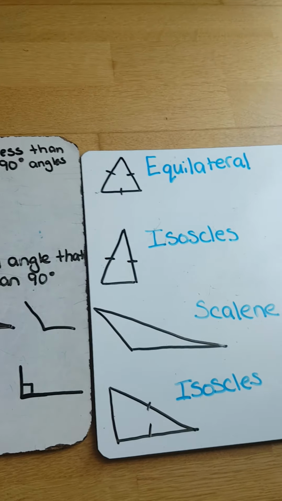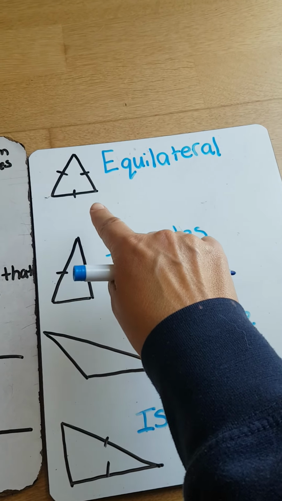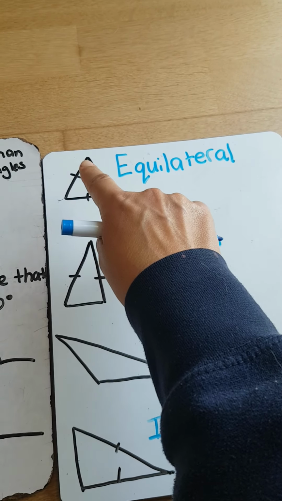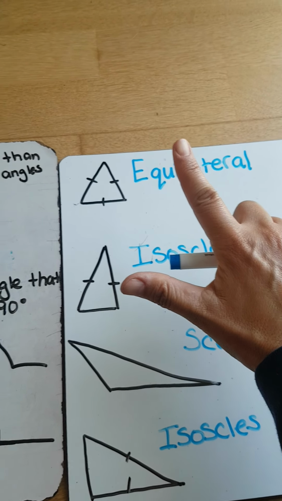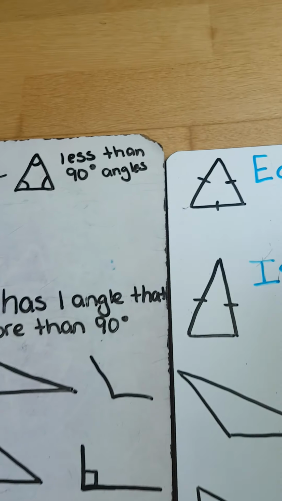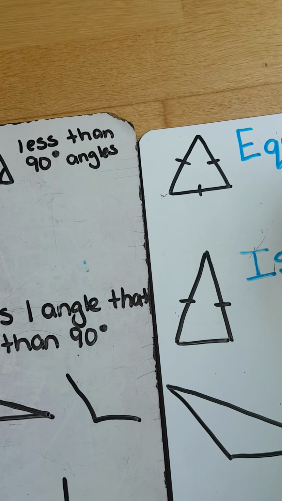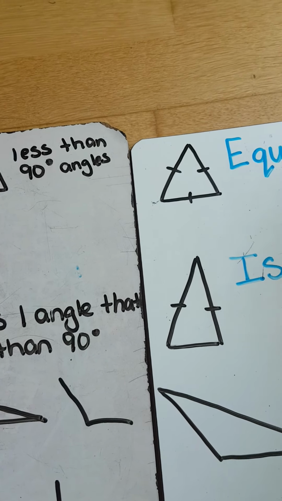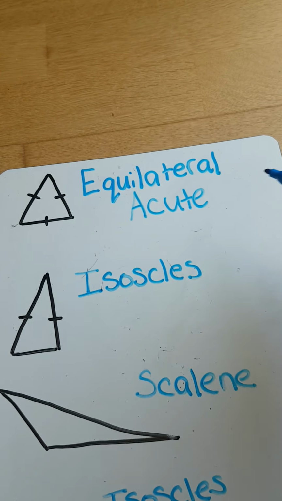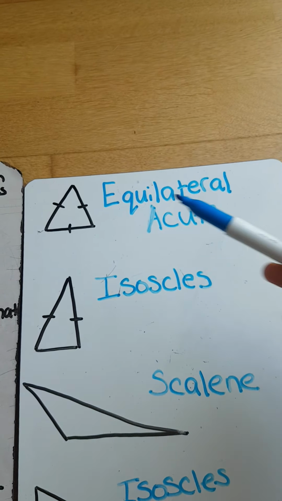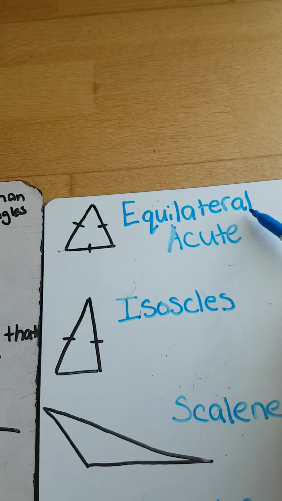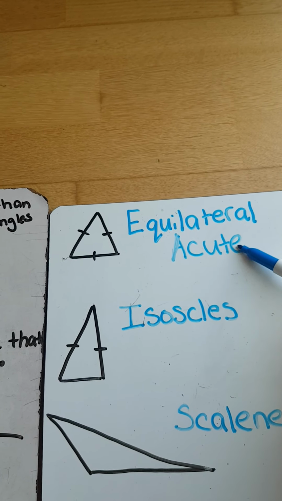All right, so let's look over here. Look at these angles. They're smaller than 90 degrees, so that would make it acute. So describe this triangle. It is an equilateral acute triangle. So the sides are all equal and the angles are acute.